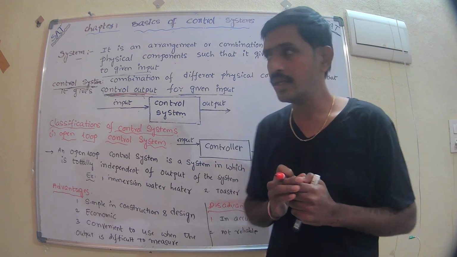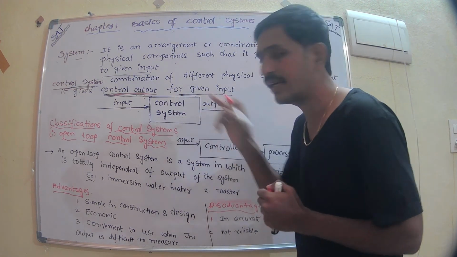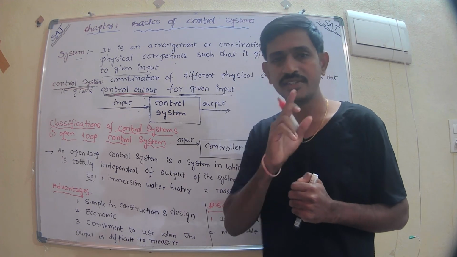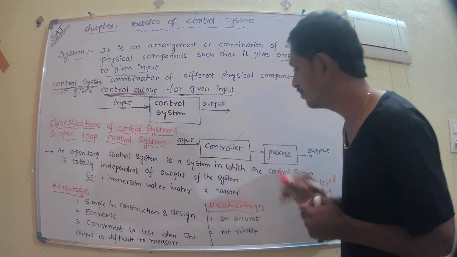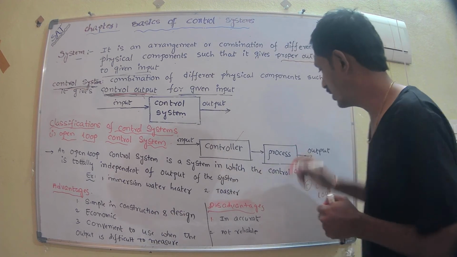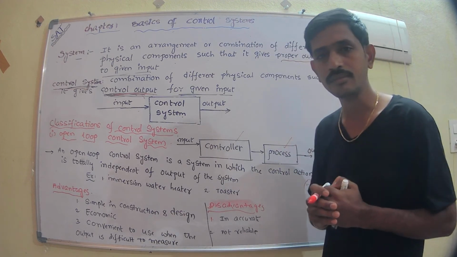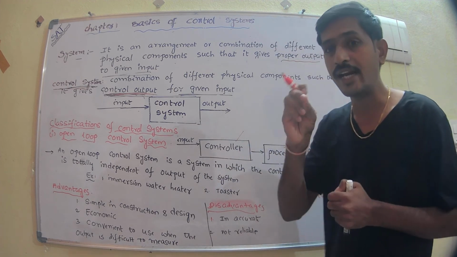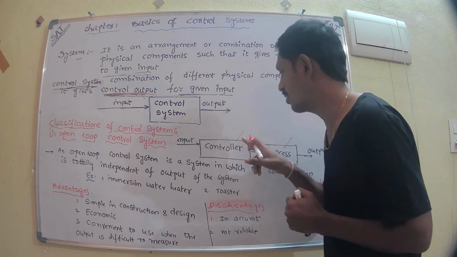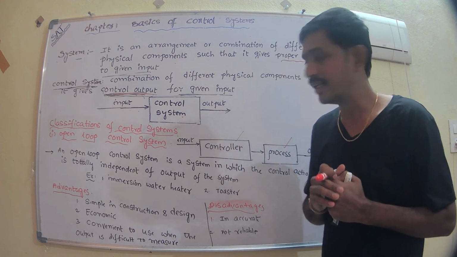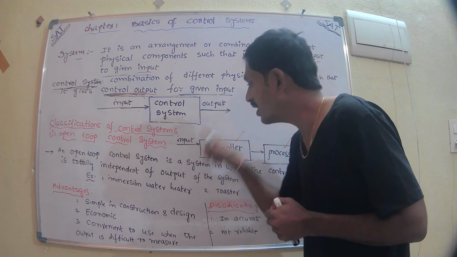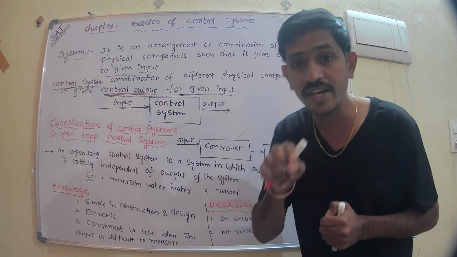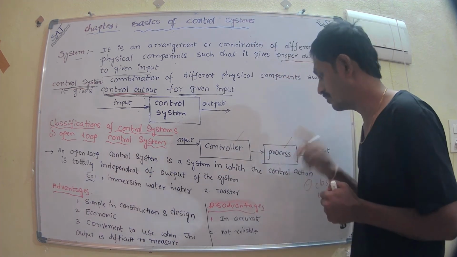Here basically the control system internally can be divided into two sections. The first section is called the controller. The second section is called the process. What is the purpose of the controller in a control system? We are giving the input to the controller, which controls the input that is required for the process.